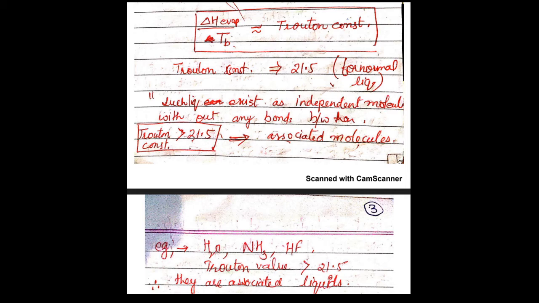A higher value of the Trouton constant indicates associated molecules. For example, common solvents like water, ammonia, hydrogen fluoride have a Trouton constant value greater than 21.5. Therefore, these are associated liquids.